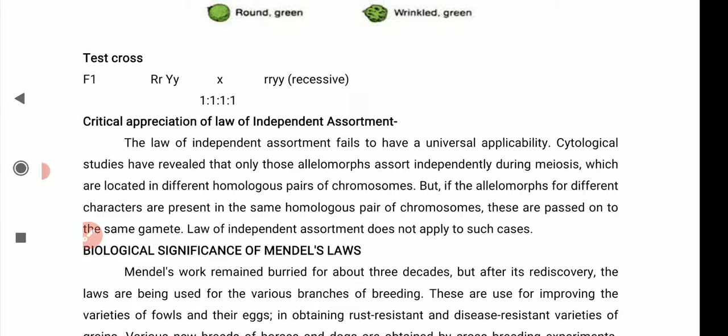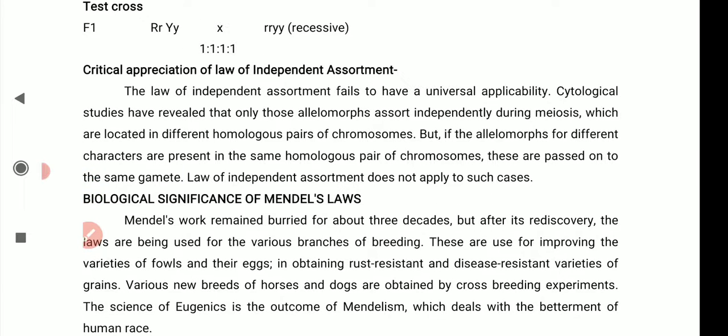Okay, so let's look at the critical appreciation. This law is not universally applicable. It is because only those alleles assort independently during meiosis which are located in different homologous pairs of chromosomes.